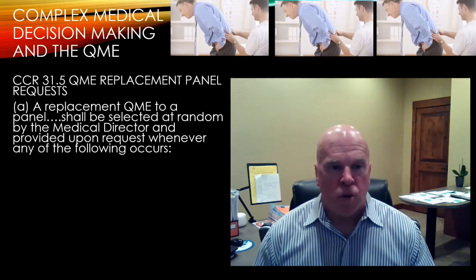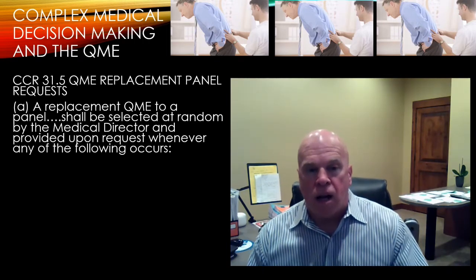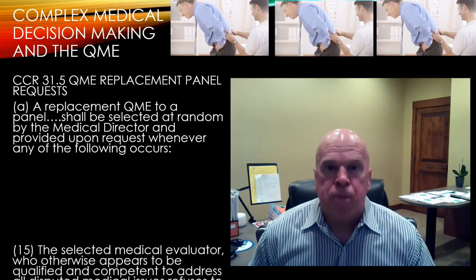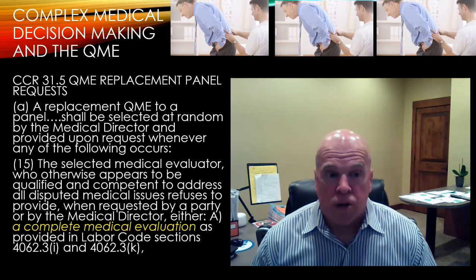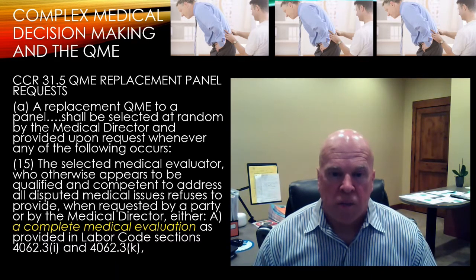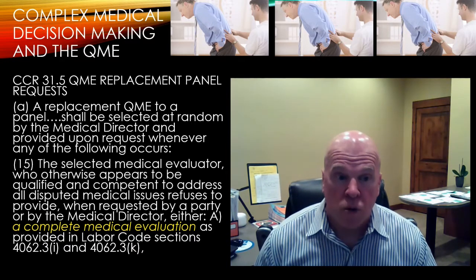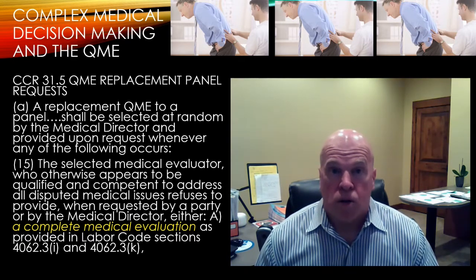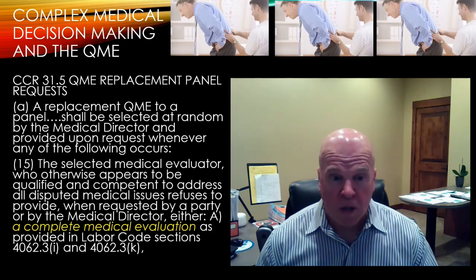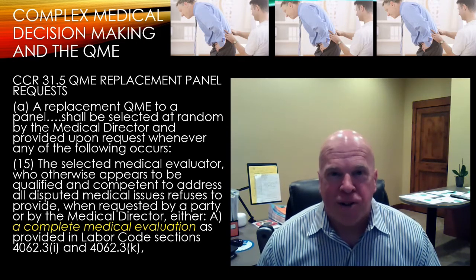And CCR 31.5 has any number of circumstances that allow for the replacement of the panel Qualified Medical Evaluator, but operative in this particular case was Section 15, which stated that the selected medical evaluator, who otherwise appears to be qualified and competent to address all disputed medical issues, refuses to provide, when requested by a party or by the medical director, a complete medical evaluation.